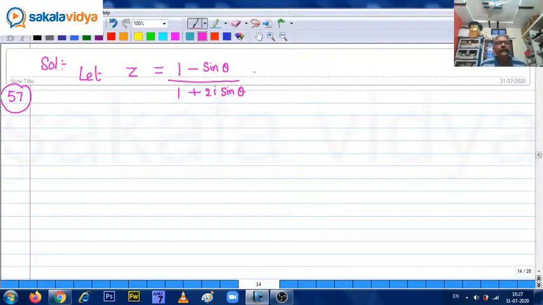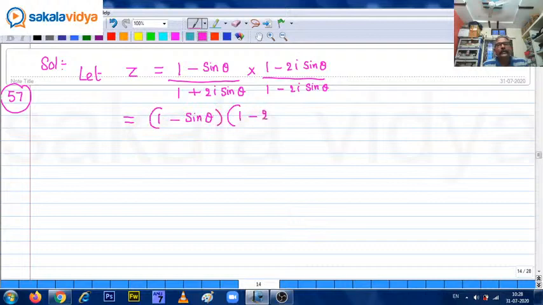That means multiply both numerator and denominator with 1 minus 2i sin theta. This equals (1 minus sin theta) multiplied by (1 minus 2i sin theta) upon, this is nothing but z into z bar, mod z square. 1 square is 1, 2 sin theta whole square is 4 sin square theta.